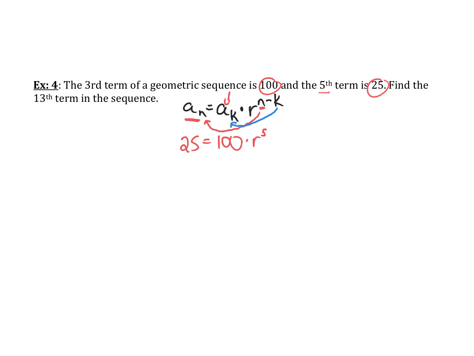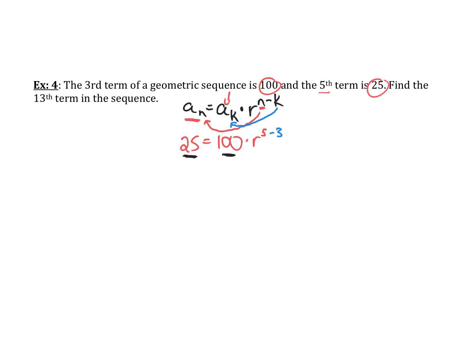What is the place of 100? Well, 100 is the third term, so I'm going to subtract out 3. Just to repeat, I got the 5 from the place of the 25, and I got the 3 from the place of the 100 term, which was 3.